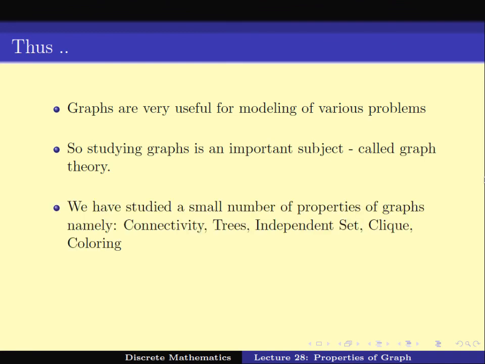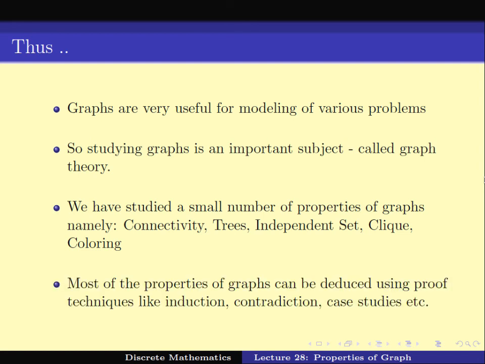We have studied some of the properties of graphs, and most of the properties can be deduced using similar proof techniques, namely induction, contradiction, case studies, etc. Now this is clearly not the end of graph theory. Graph theory is a huge subject in itself, and we will not be able to spend too much time on it. But I hope that you have understood the importance of graphs.